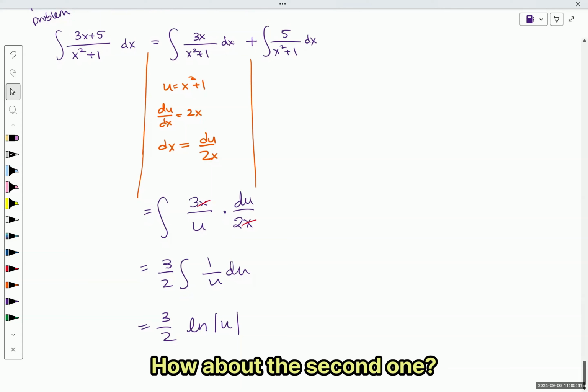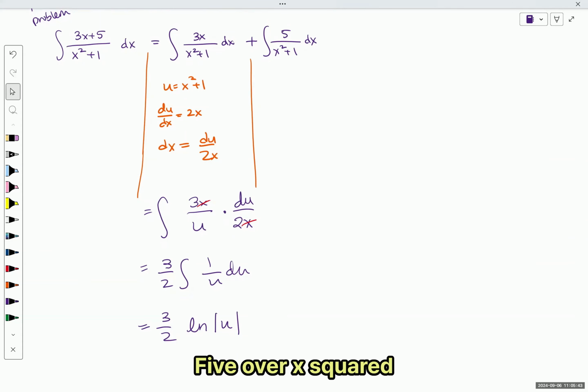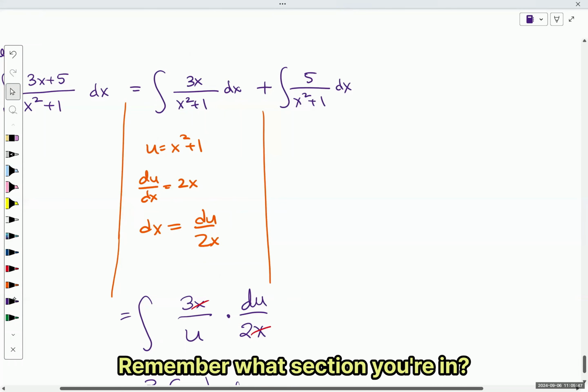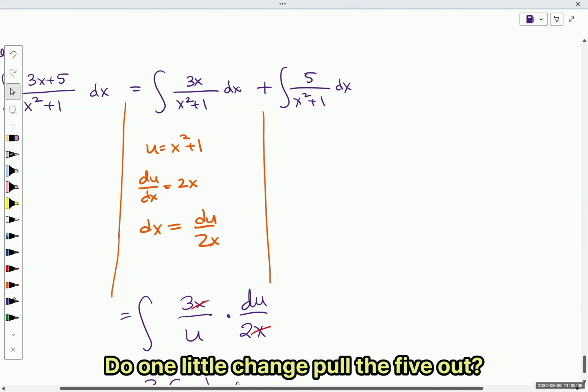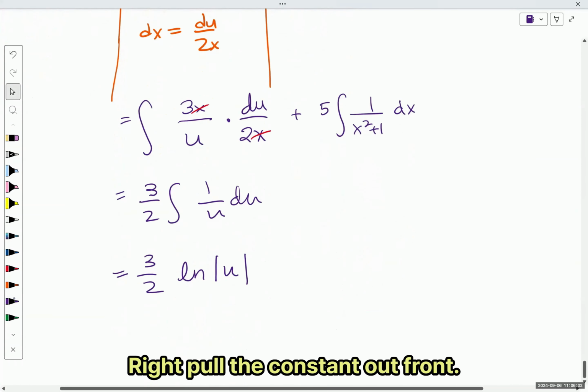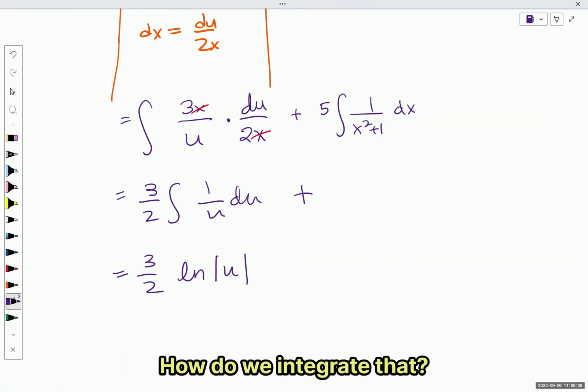How about the second one? 5 over x squared plus 1. How do we integrate that? Remember what section you're in. Let's do one little change. Pull the 5 out. Right? Pull the constant out front. How do we integrate that?